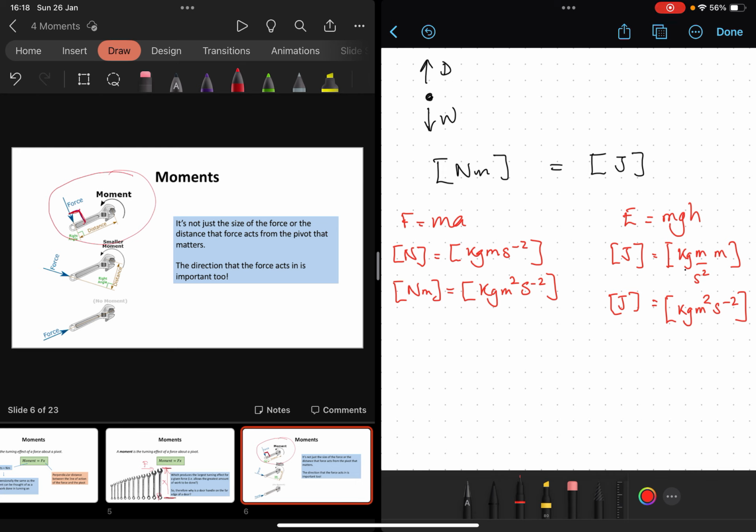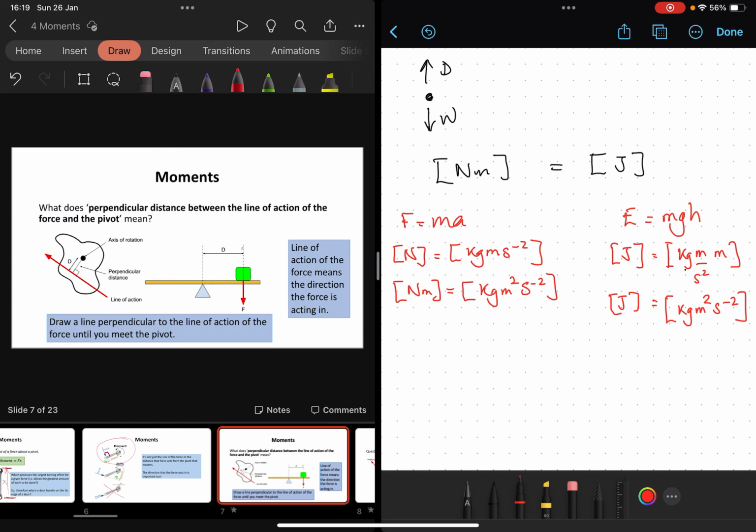I think your gut instinct will also tell you that is the wrong way to try and loosen that bolt. Okay, applying a force parallel along the length of that wrench is going to have no effect at all. So let's have a little look then at what this direction bit is all about.